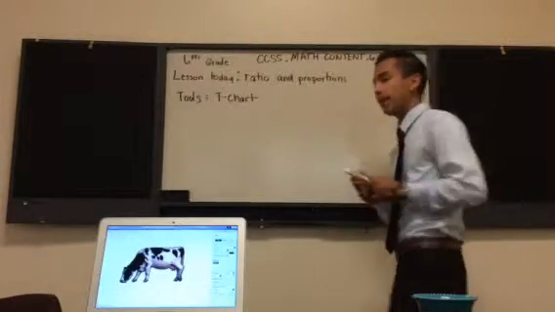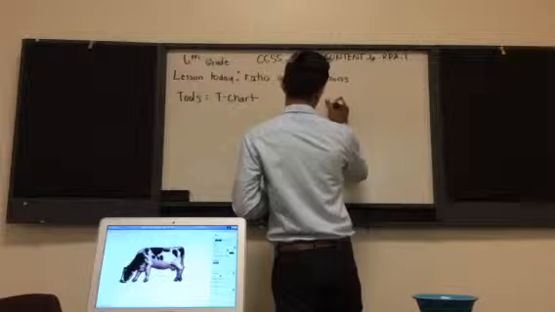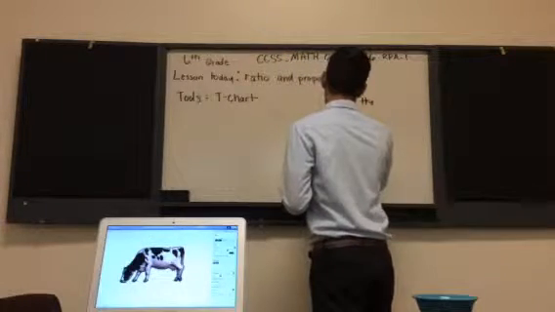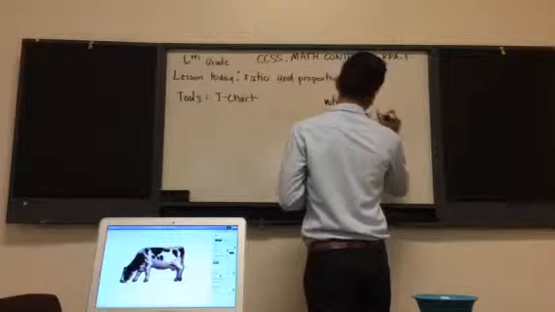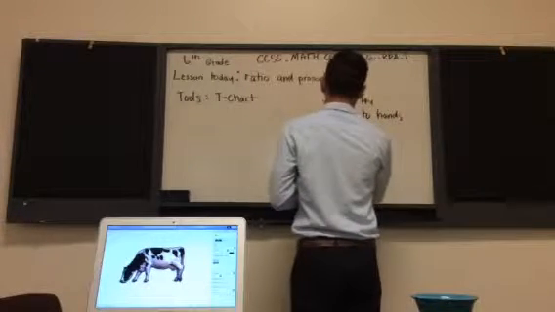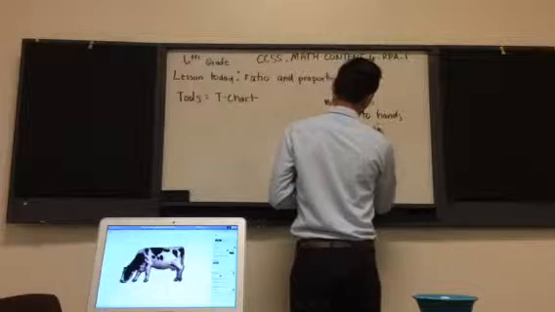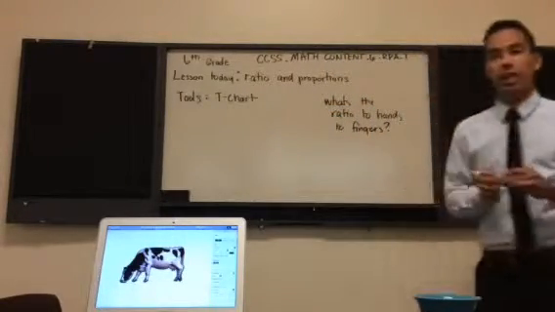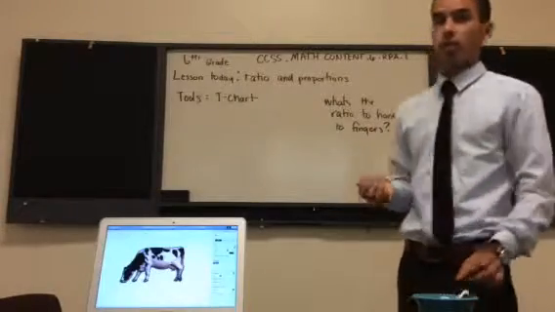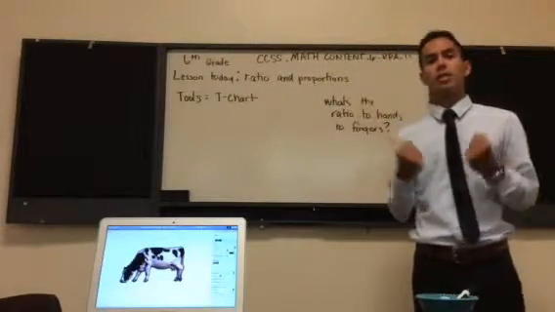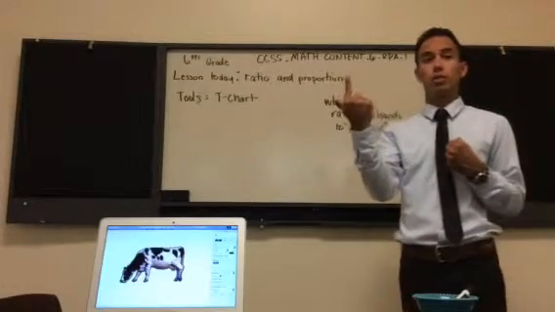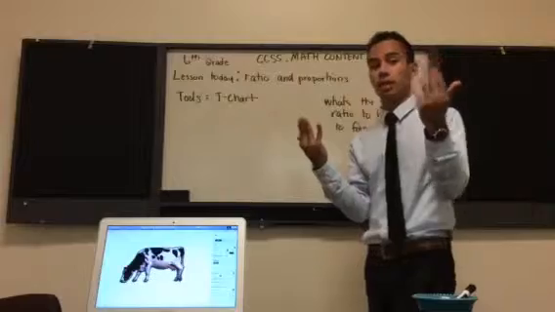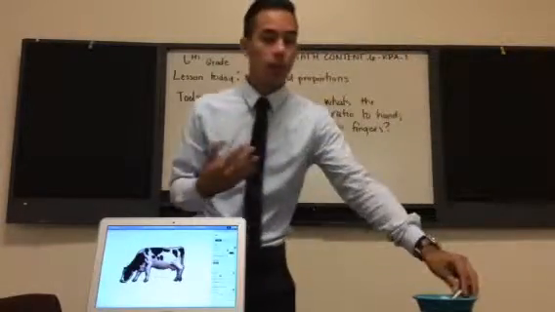What's the ratio of hands to fingers? Hands to fingers. Let's count. There are 1, 2 hands. Let's count our fingers: 1, 2, 3, 4, 5, 6, 7, 8, 9, 10. Good. So how many hands do we have?